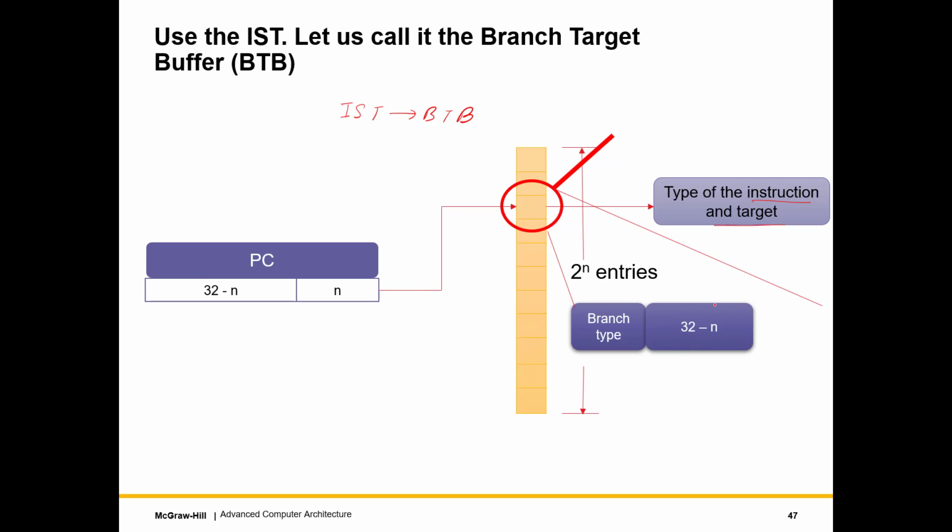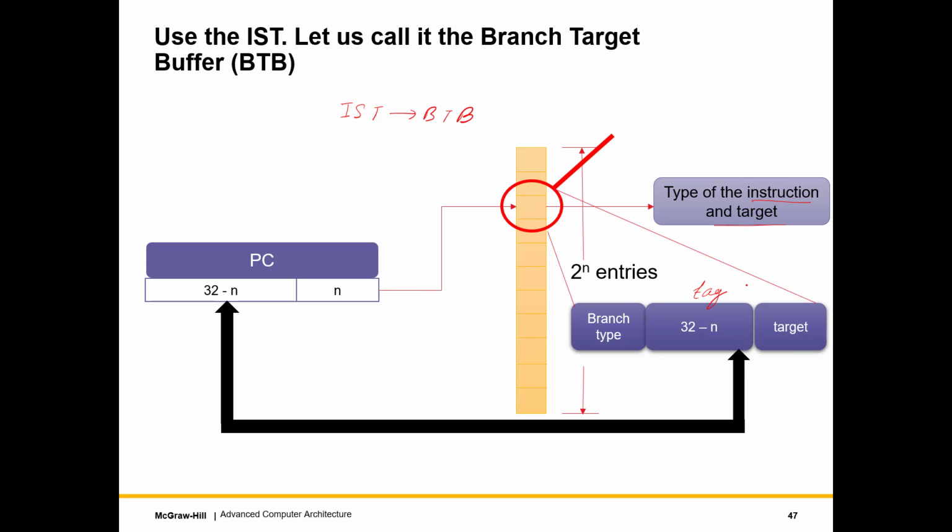Additionally, we can also store a tag for taking care of aliasing related issues. So the BTB, which is essentially extending the IST, serves two purposes.